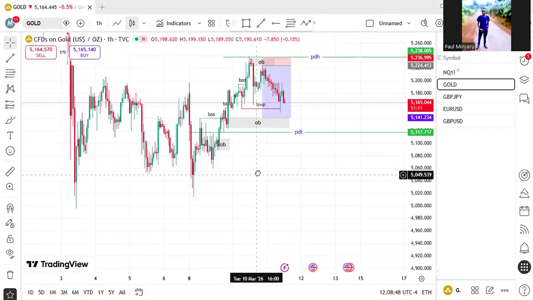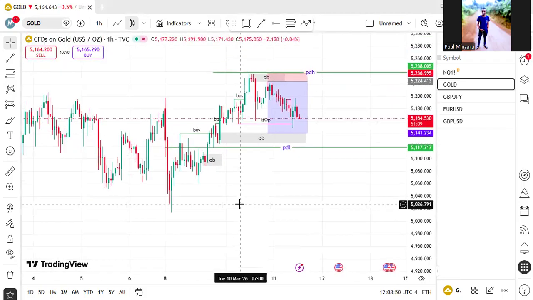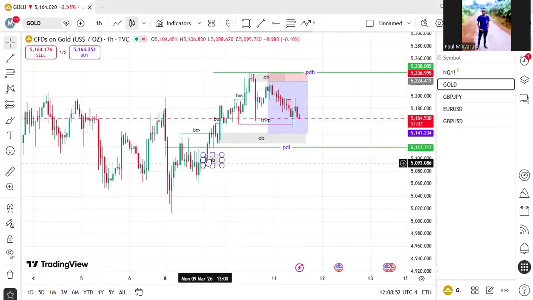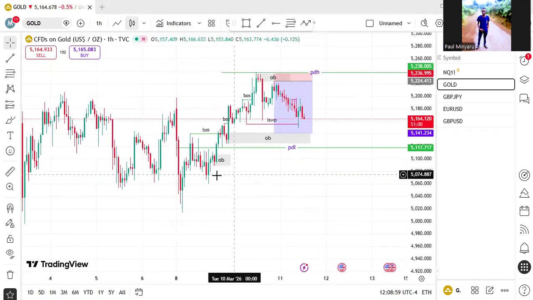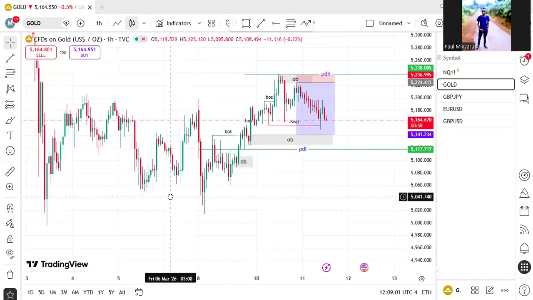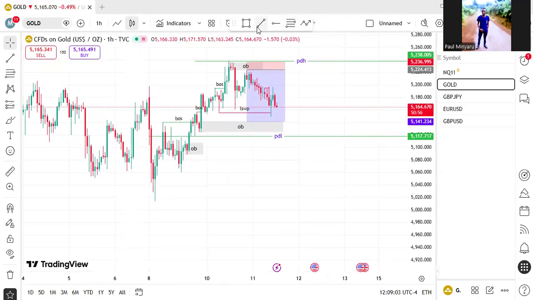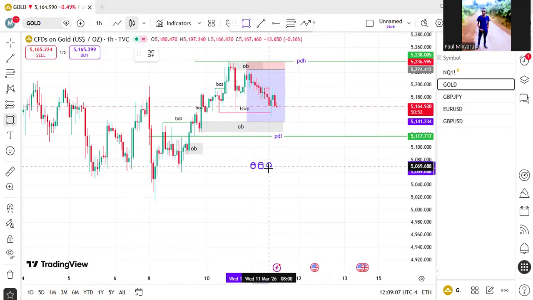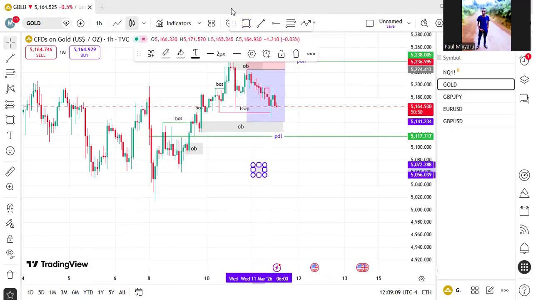If price, for example, let us look at this point here, right here. So, after price never reacted to that order block, but let me first show you what I mean by a hammer. How does a hammer look like? This is what we call a hammer.